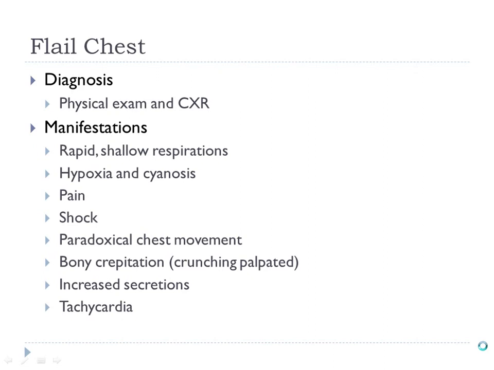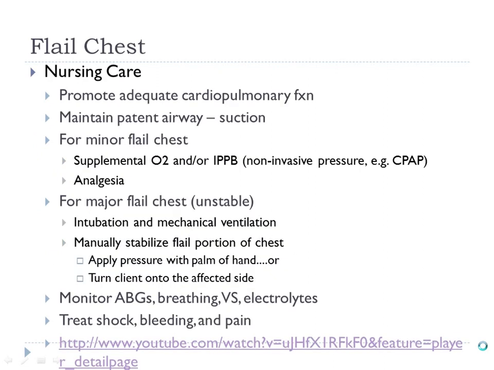They have increased secretions, which you may see when you suction, because they can't expectorate them, and they're tachycardic. Our priority is to maintain respiratory function, make sure the vital signs are stable, and make sure they have a patent airway because they can't effectively expectorate secretions. We might have to suction for them.